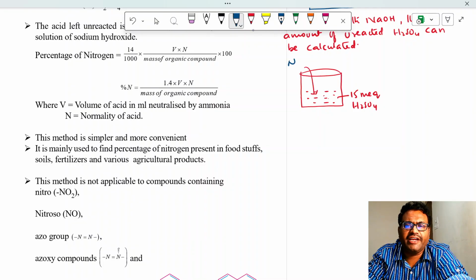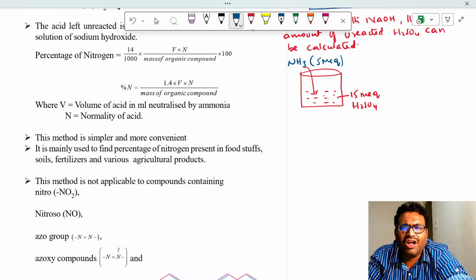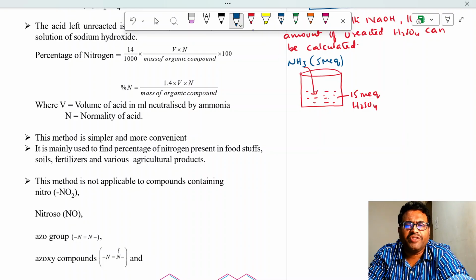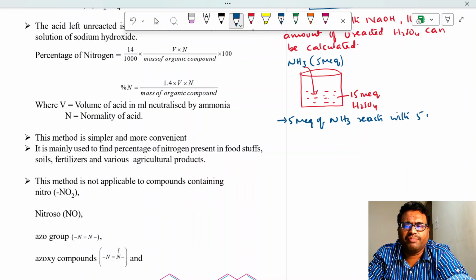Let us take NH3, 5 milliequivalents. Now will all H2SO4 react? No. Some 10 milliequivalents of H2SO4 will remain unreacted, because 5 milliequivalents of NH3 will react with 5 milliequivalents of H2SO4.